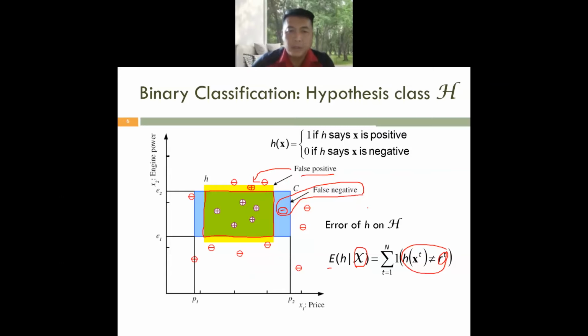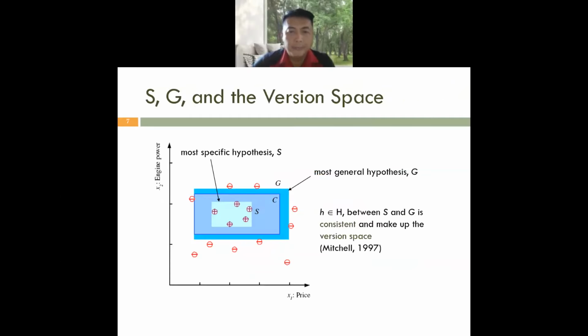So the idea here is that we want the yellow box to match as close as possible to the blue box.